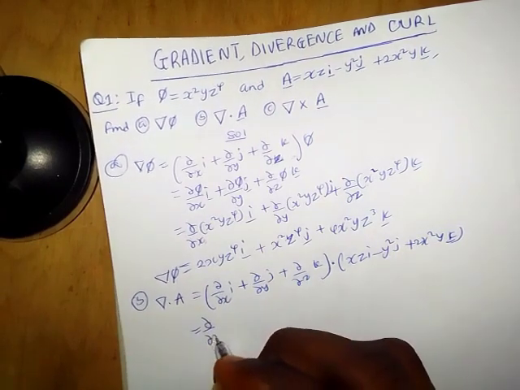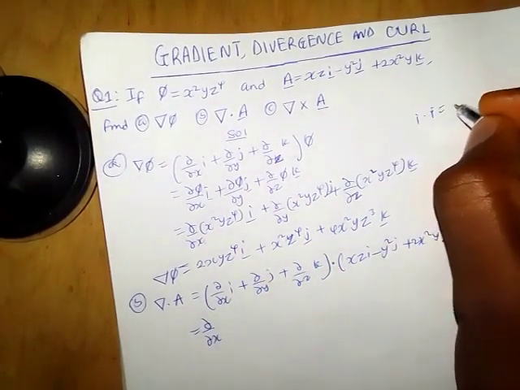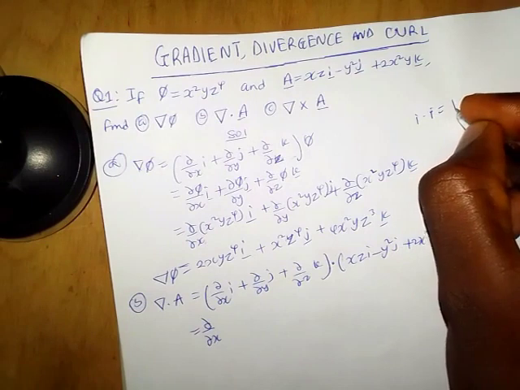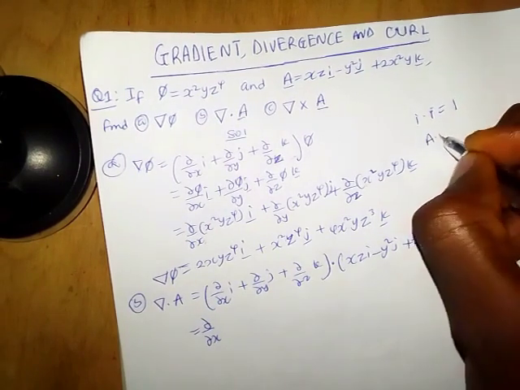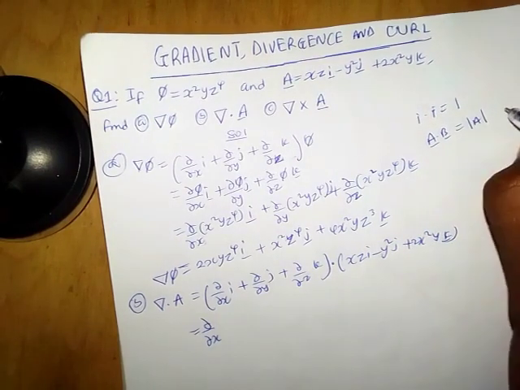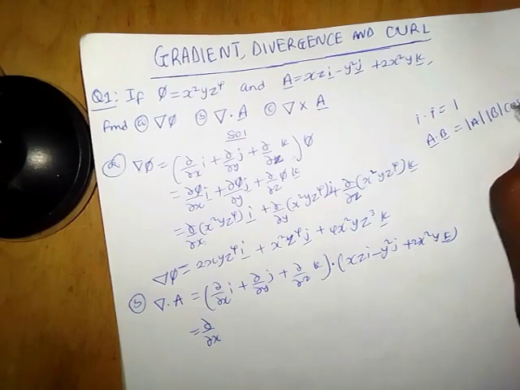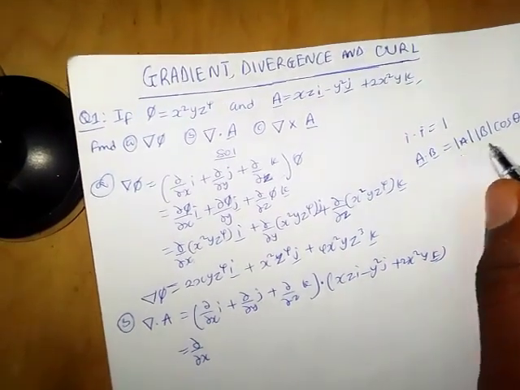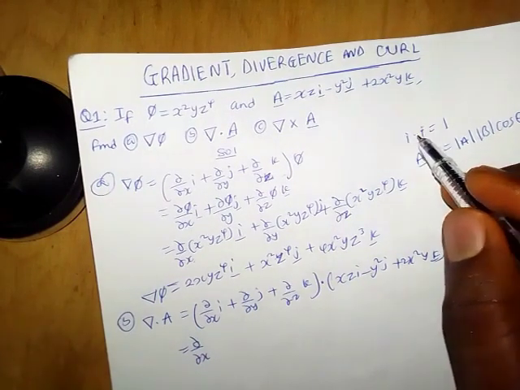Recall that i dot i is simply 1, because in a dot product, if we have an expression like a dot b, we write it as magnitude of a times magnitude of b times cosine of the angle that lies between a and b. And this is i and i, they are parallel.